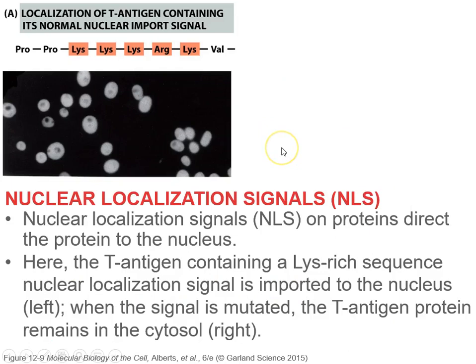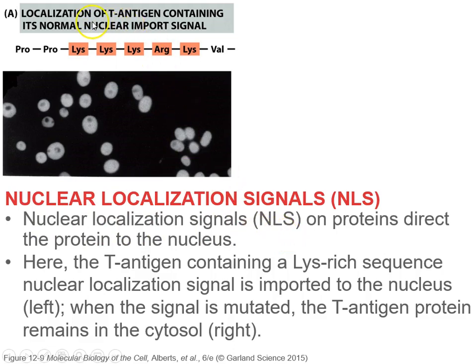So what's interesting is you can do these experiments to determine what kinds of signals proteins possess that allow them to get inside the nucleus. These are nuclear localization signals, so we'll just call them NLSs for short.